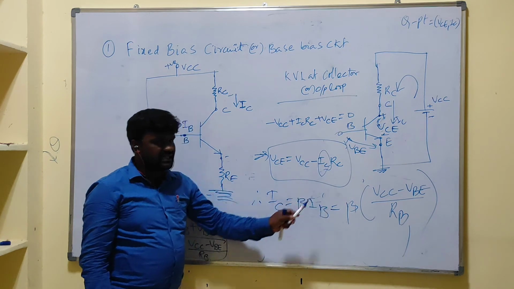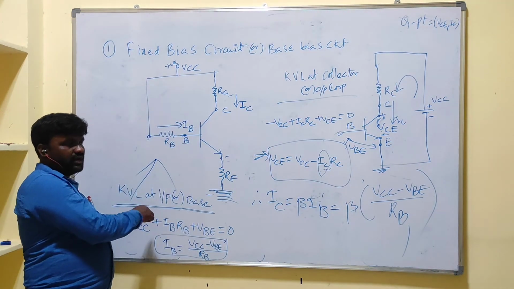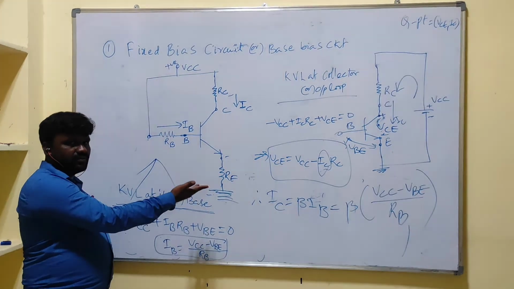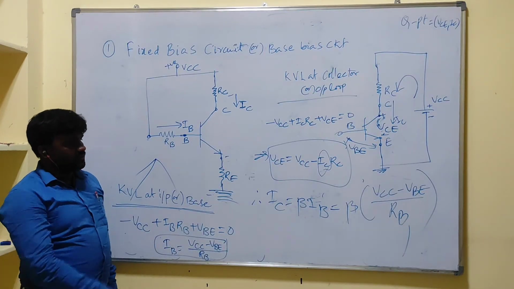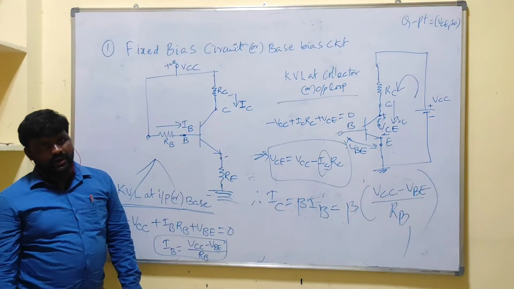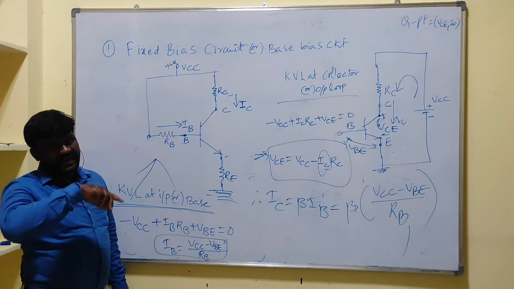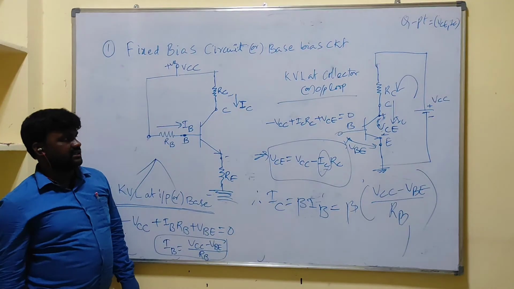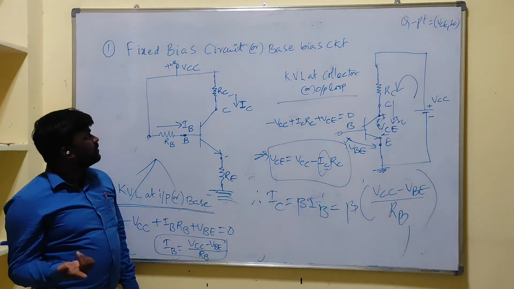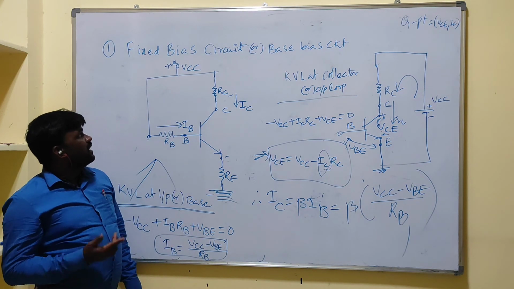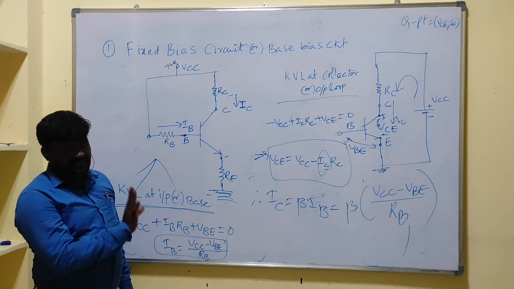Already we determined IC: by applying KVL at input we got IB, then IC equal to beta IB. In this way, we can determine the operating point, that is VCE and IC. Okay, we will discuss emitter bias or emitter feedback bias in the next class.